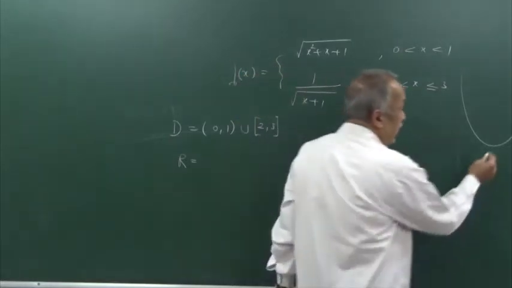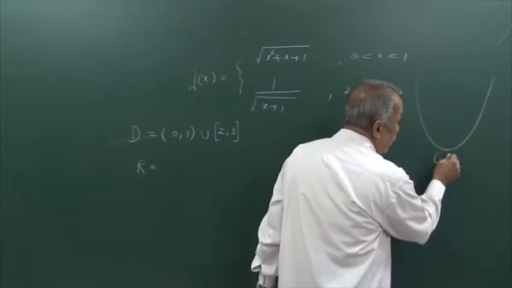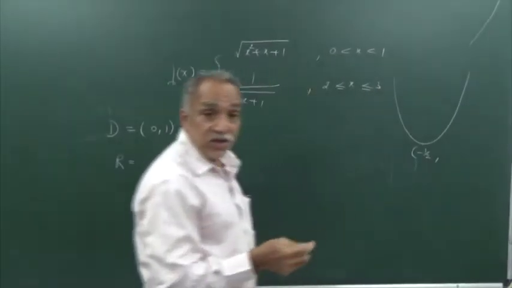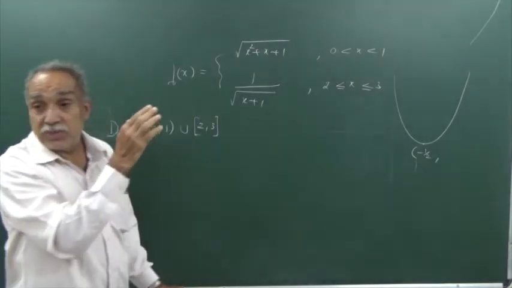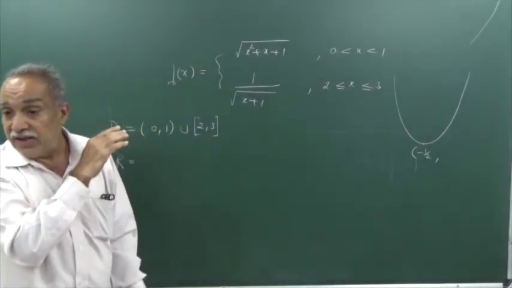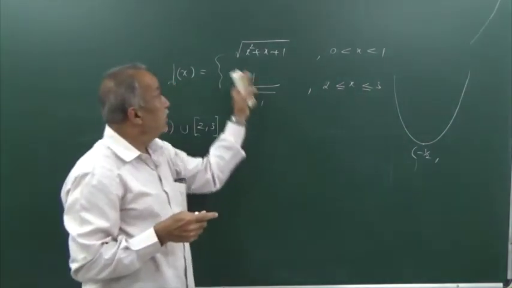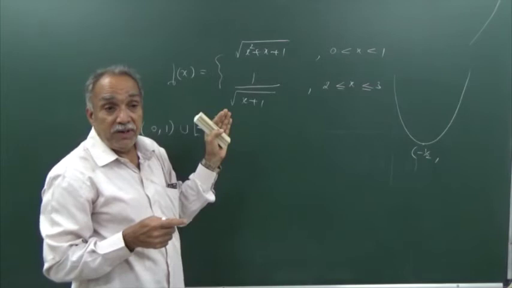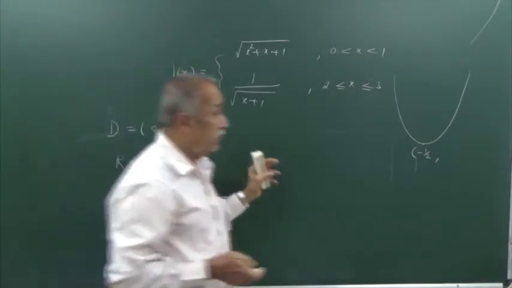The vertex will have x coordinate minus b by 2a. When x is minus half, y will be, I am just considering x square plus x plus 1, ignoring the radical sign. When x is minus half, x square plus x plus 1 will be 1 by 4 minus half plus 1, which is 3 by 4.